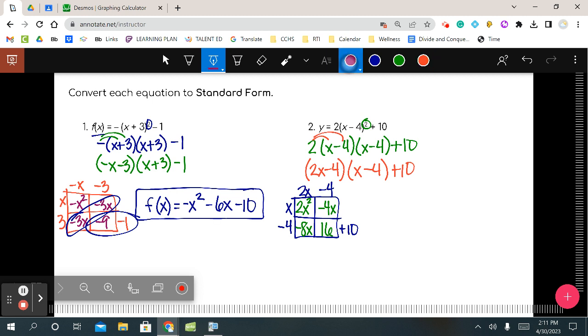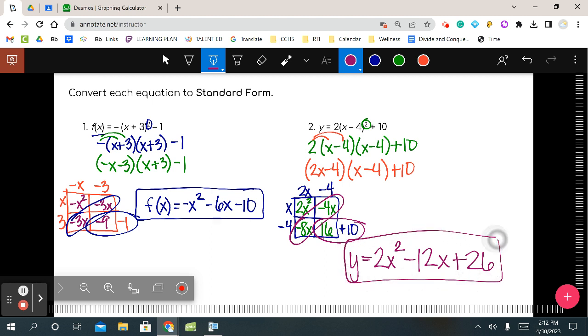So bringing this out, I'm going to get y equals 2x squared. Combine your diagonals, so negative 8 and negative 4 is going to give me negative 12x. And then combine your last two, 16 plus 10 is going to give you 26. And that is your answer for being in standard form.